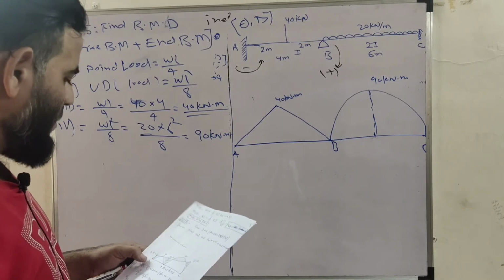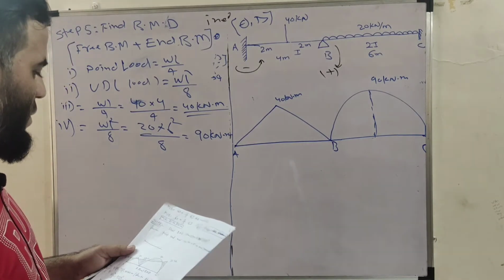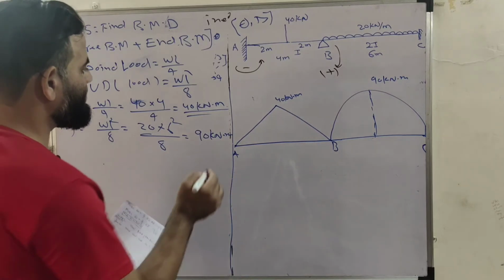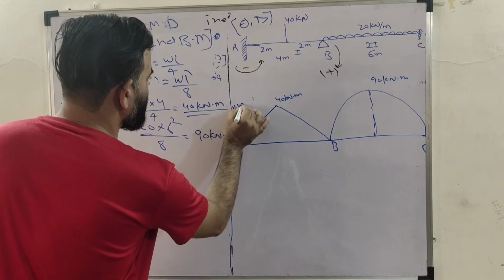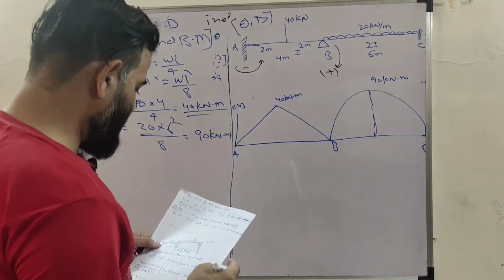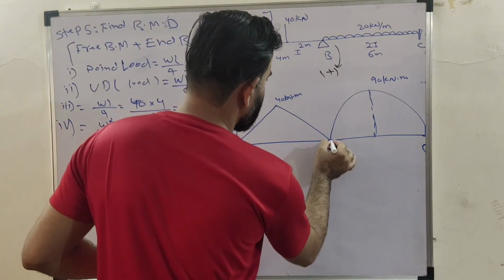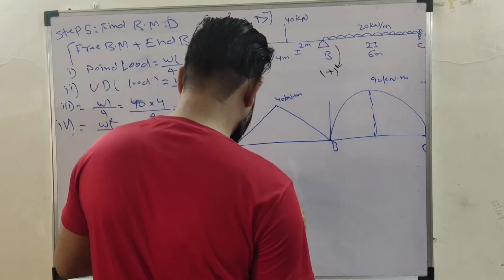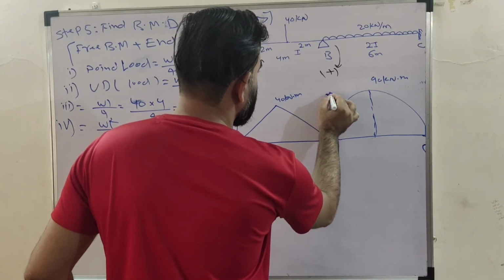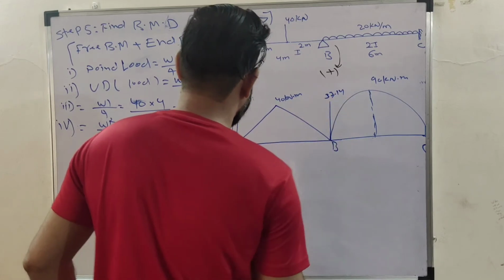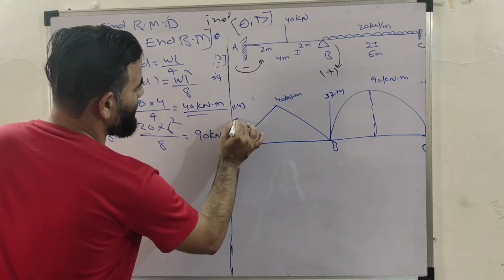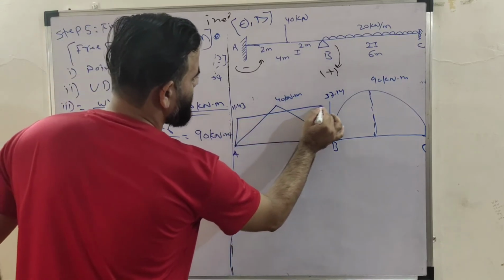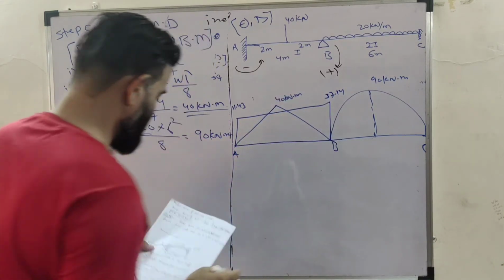Now we have moment of AB equal to minus 11.43. In BA we have 37.14. This will be the joint.